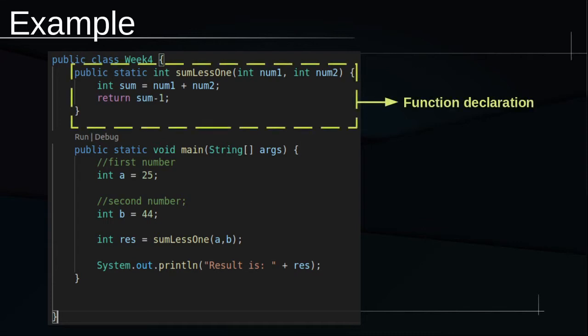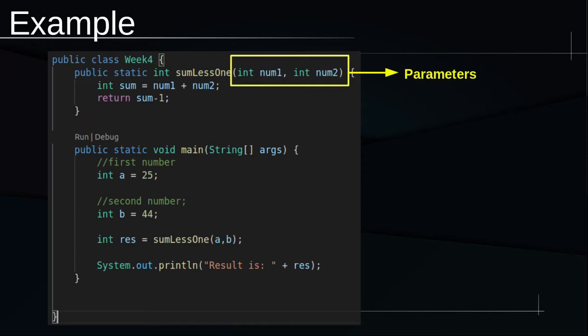We have here a function declaration, and this particular function is identified as sumLess1. Within this function declaration, the parentheses contain two parameters, int num1 and int num2. These are the parameters.